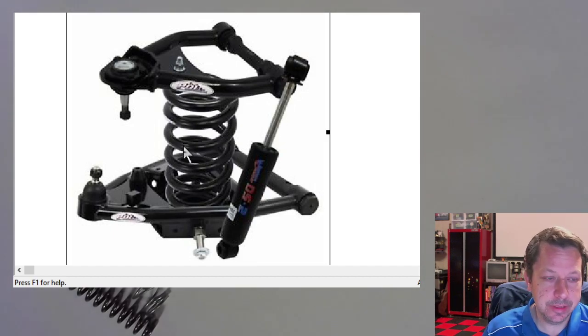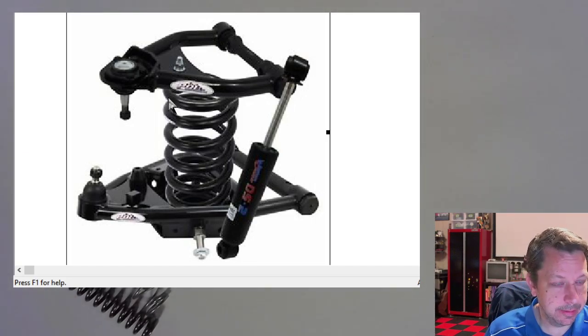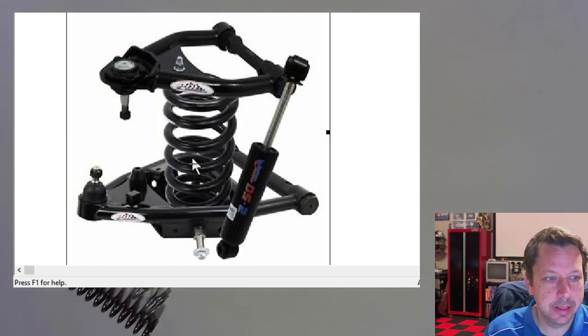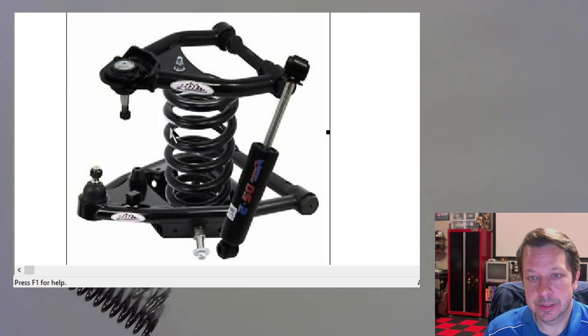So what we need is some information about this thing. I went to this website, whoever is selling this product, and found what they had. They had some information about the coil diameter. So that would be, how big of a circle does this coil make?